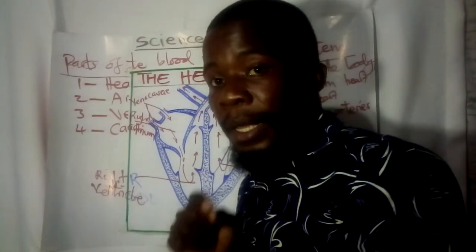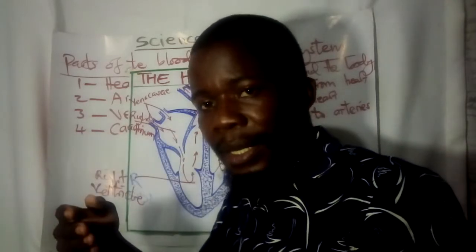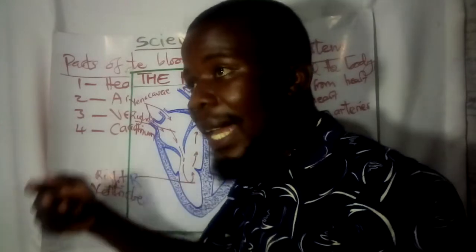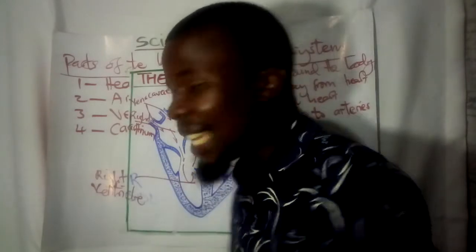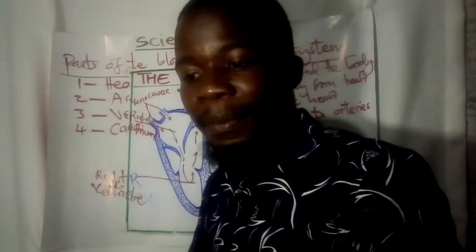So the presence of waste products such as urea and carbon dioxide makes the blood entering the heart through the vena cava look dark red in color.